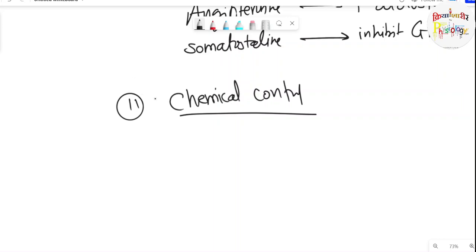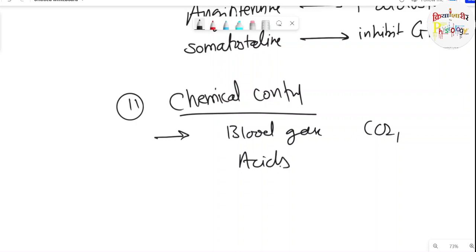The chemical changes could be changes in blood gases, meaning increased CO2 concentration; acids, meaning increased H plus ion concentration; changes in ion concentration; or changes in osmolality.